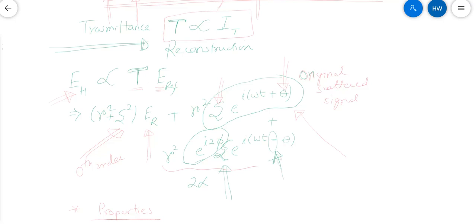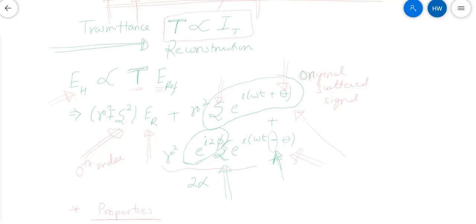It is no longer plus theta, but minus theta. So what was lagging in phase has now become the other way around: the phase that was lagging has come ahead, and the phase that was ahead is now lagging. So the phase is inverted in this last term.